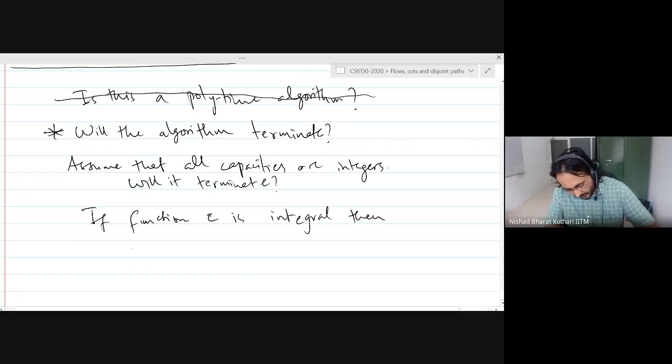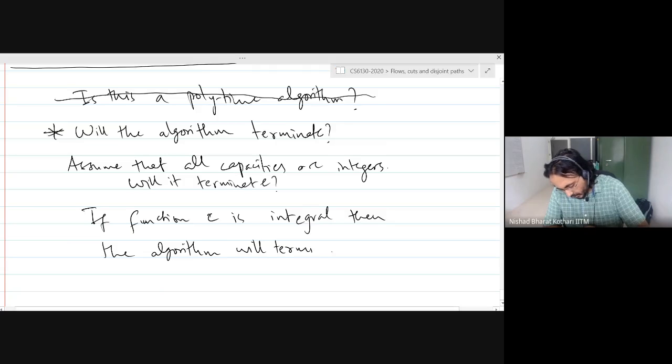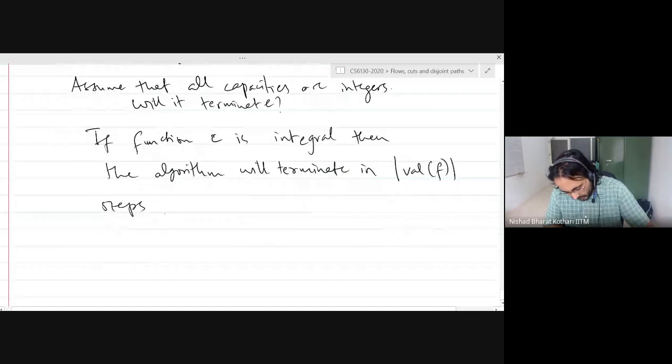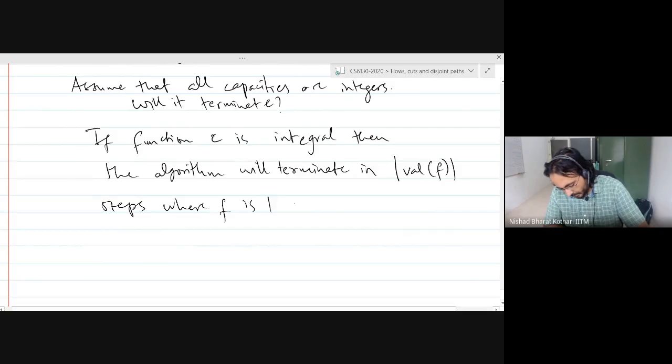Okay? Then the algorithm will terminate in, let's say, value of f steps, where f is the maximum flow.